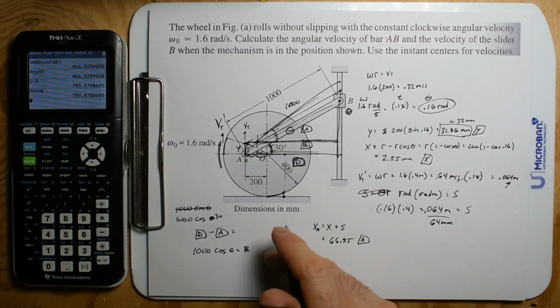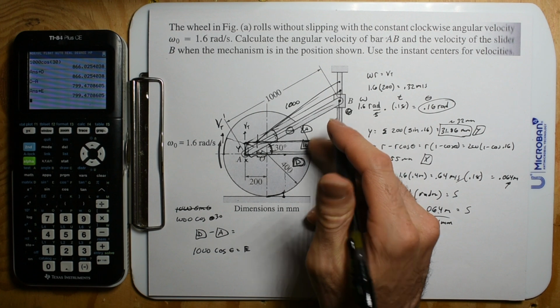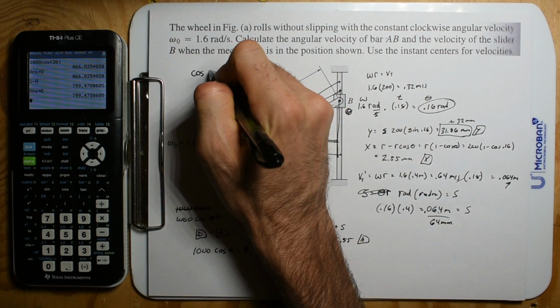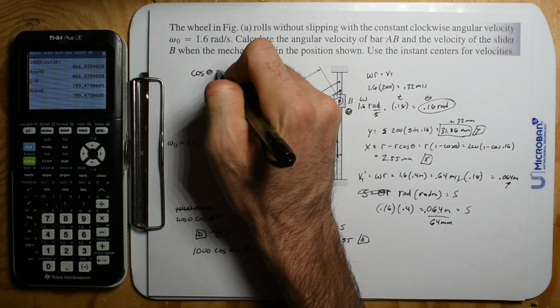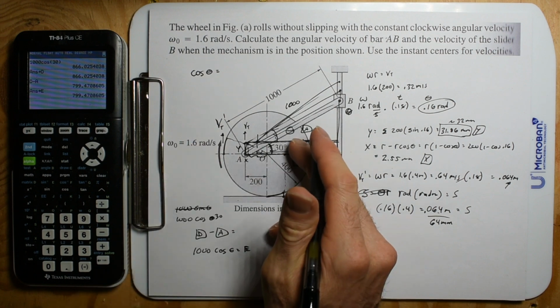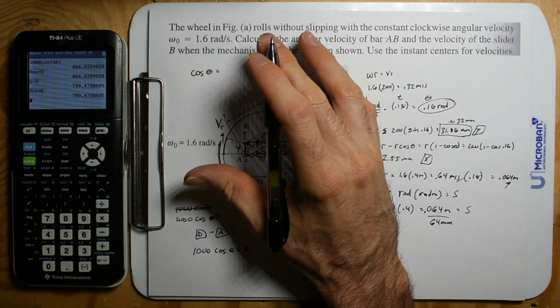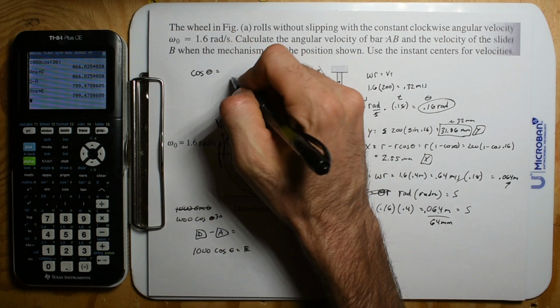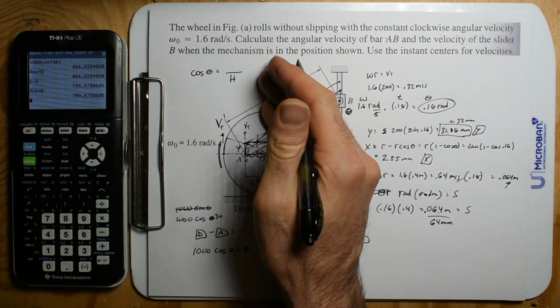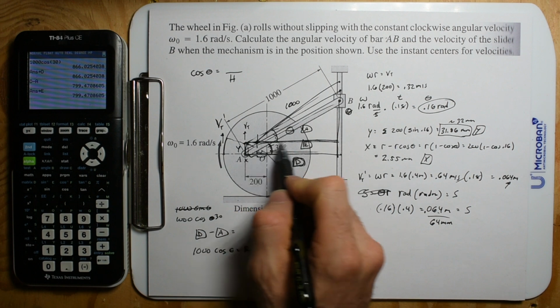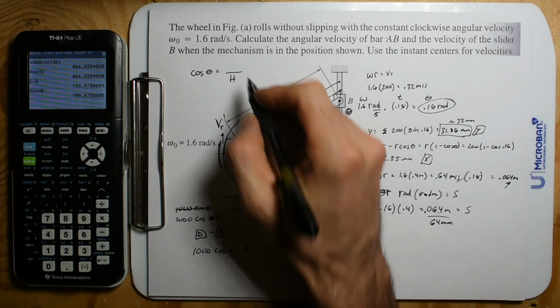How else would you do it? Yeah, it is good to know that the cosine of this angle has to be a fraction that's less than 1. You know what I mean? So if it's a fraction that's less than 1, the hypotenuse has to be on the bottom. And then because it's cosine, it has to relate to this adjacent side.